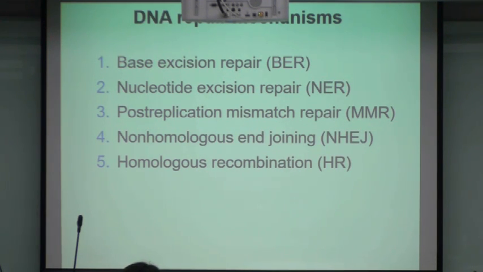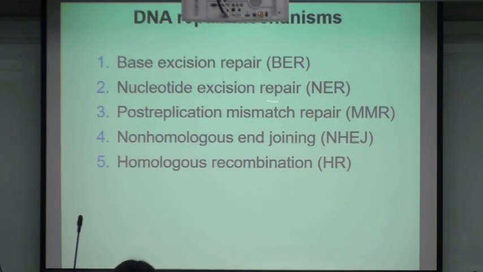So these two are the mechanisms that fix the double-strand break in our cell. It depends on whether you have a homologous region in the genome, or at which state of the cell cycle you are, and then they pick which mechanism to use to take care of that double-strand break.